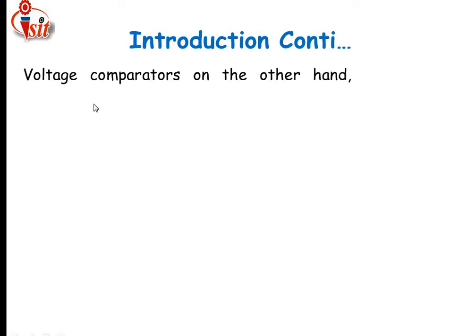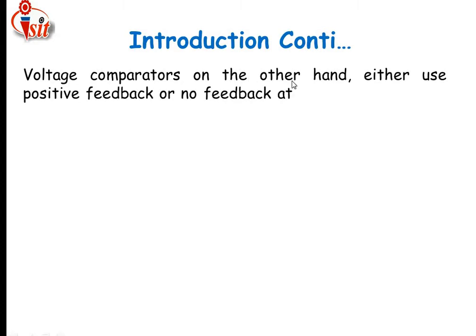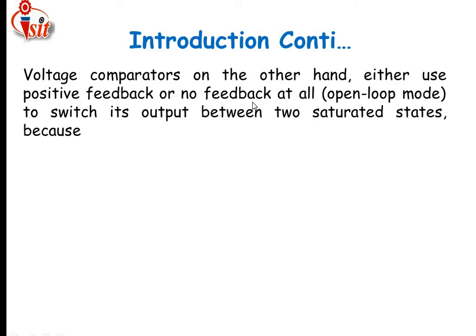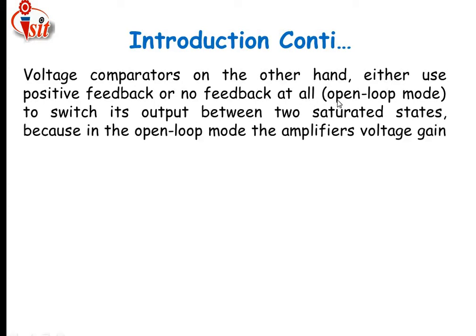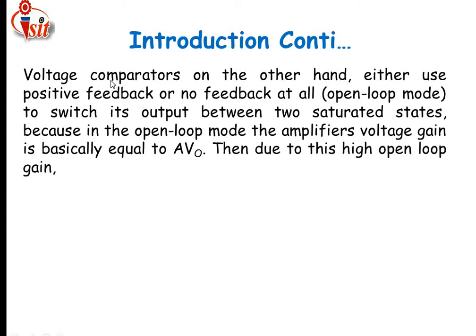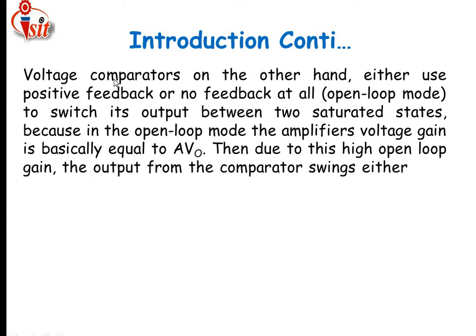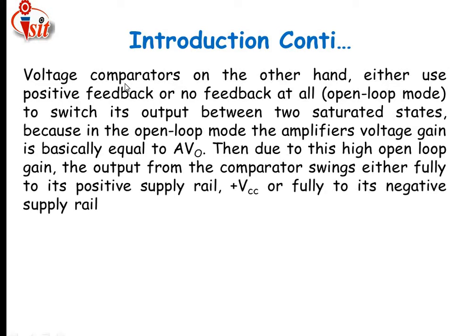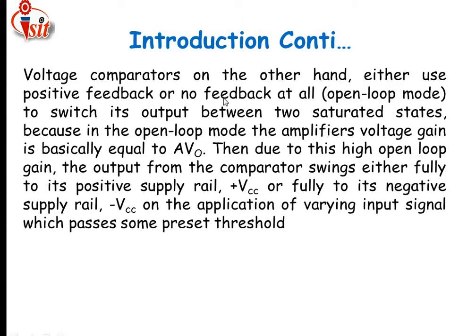Continuing with this, voltage comparators on the other hand use either positive feedback or no feedback at all, that is open loop mode gain. That means a voltage comparator can only use positive feedback, where the output is connected back to the non-inverting terminal of the op-amp, or no feedback, where no kind of feedback is applied back to the input terminal of the op-amp, that is called open loop.